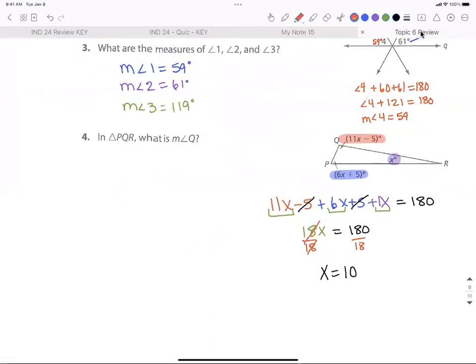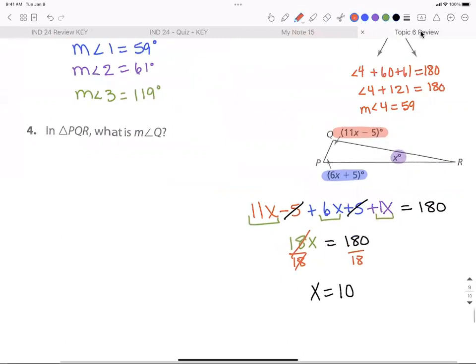So I'm going to take the red one first. The red one is 11x minus 5, right? And that equals Q. Well, let's do this. Let me do this the other way. Sorry. The measurement of angle Q equals 11x minus 5. But now what do I know about x? It's 10.